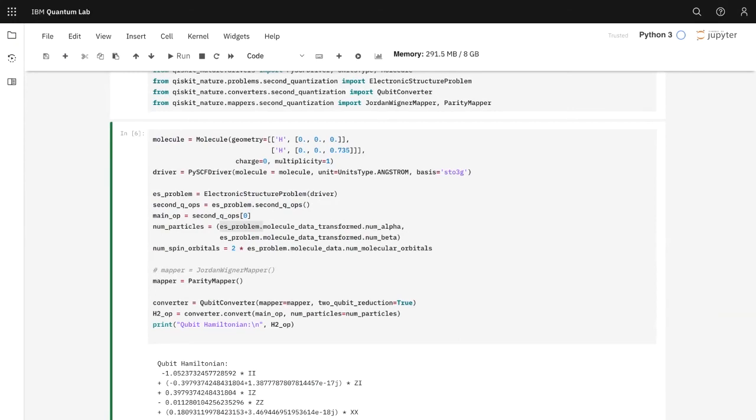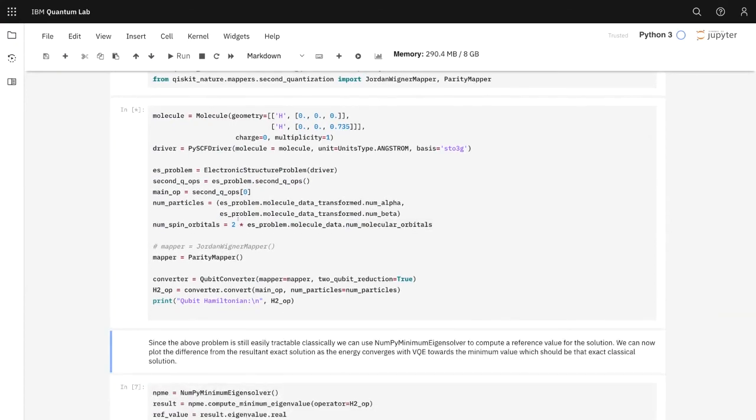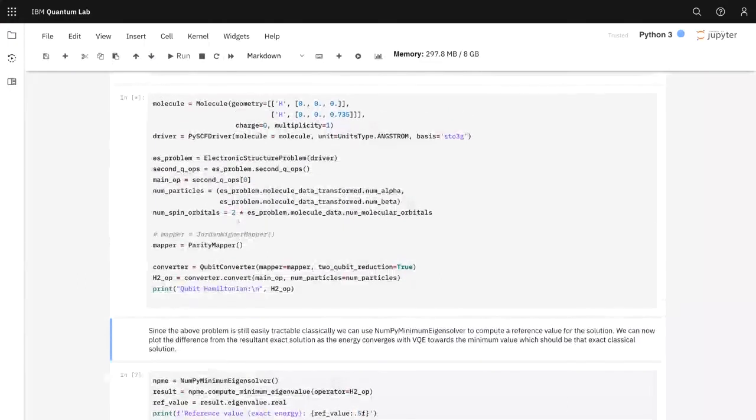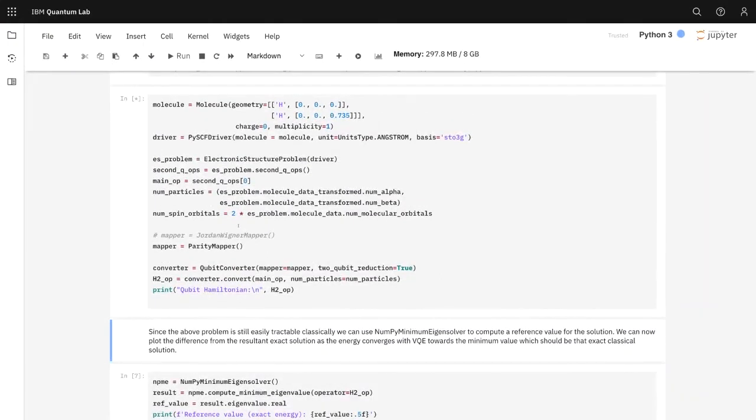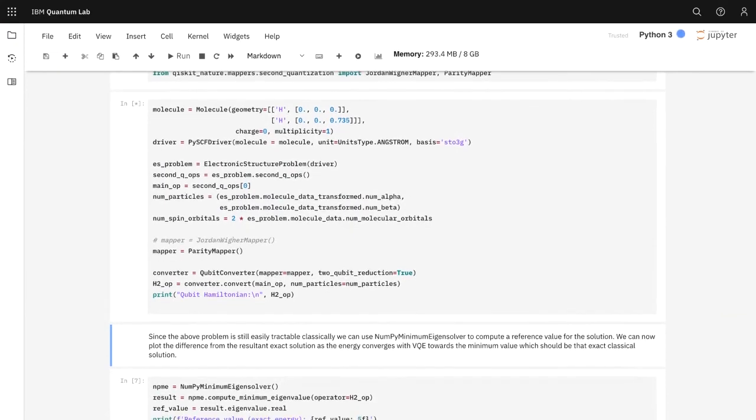Essentially we get the number of alpha electrons, number of beta electrons, and number of molecular orbitals. And again, we use parity mapping with the 2-qubit reduction. And we get this qubit Hamiltonian with 4 terms.